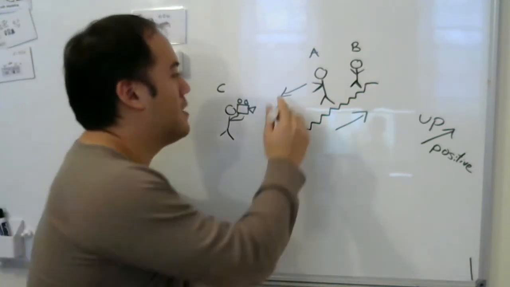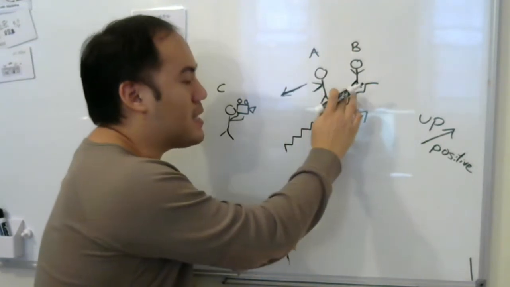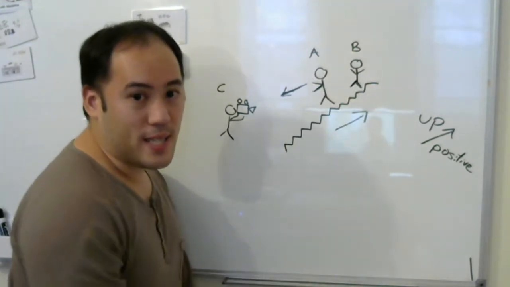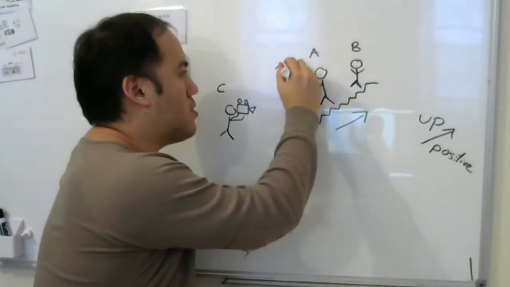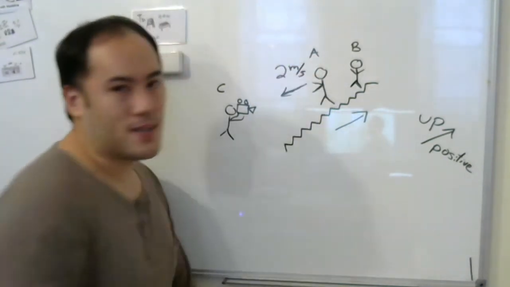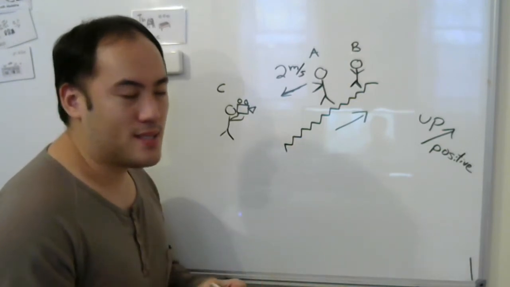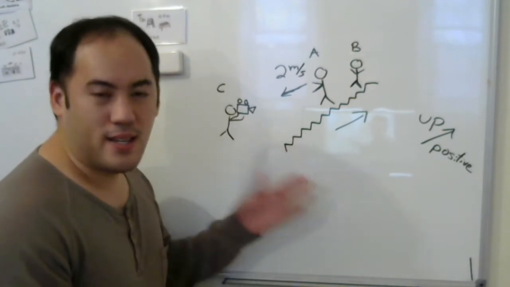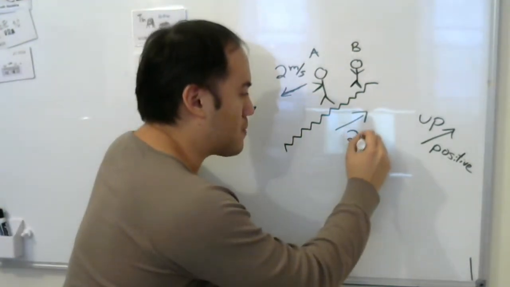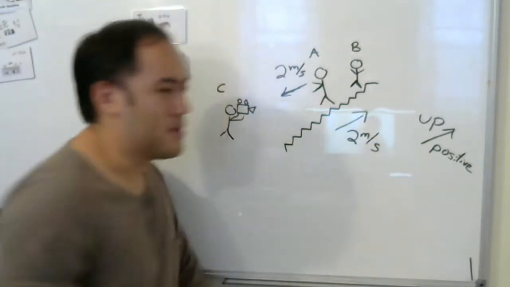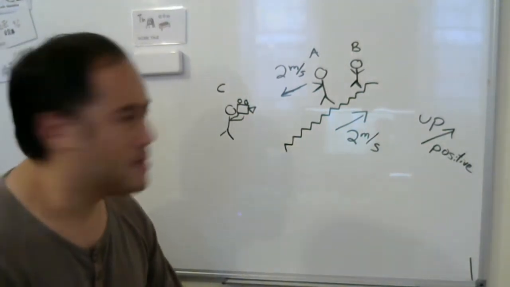So person B thinks they're standing on the stairs, stationary, and person A thinks they're walking 2 meters per second down the stairs. But what actually happened is they're not on stairs, they're on an escalator, and the escalator is going 2 meters per second upward. It might be a little fast for an escalator, but go with it.